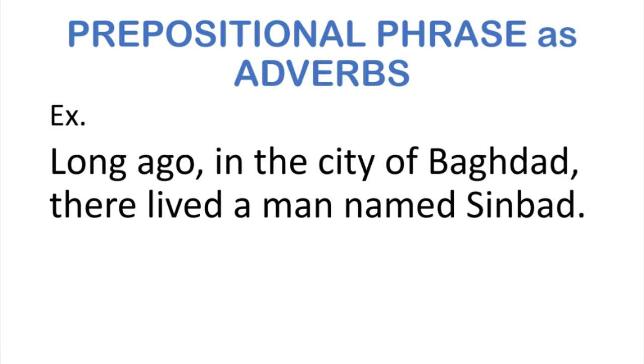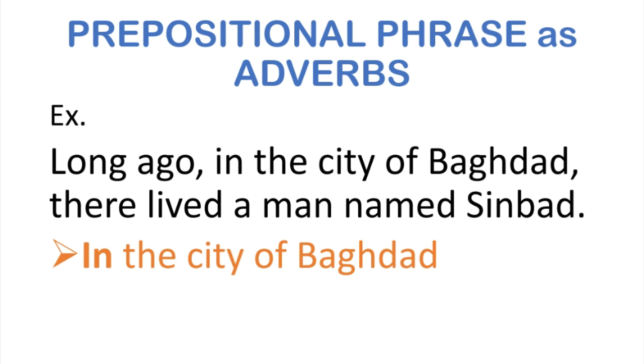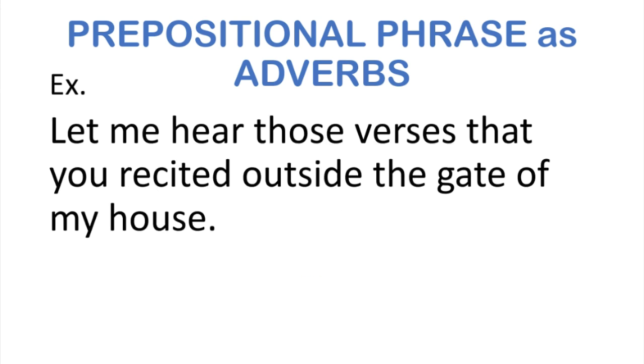Long ago, in the city of Baghdad, there lived a man named Sinbad. So what is the prepositional phrase in this sentence? So in the city of Baghdad is an adverb of place modifying the verb. What is the verb in the sentence? Modifying the verb live. Next one. Let me hear those verses that you recited outside the gate of my house.